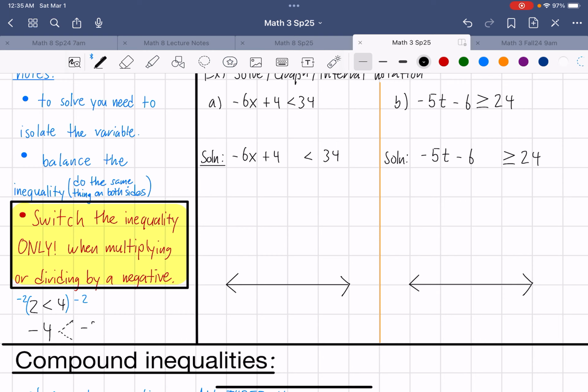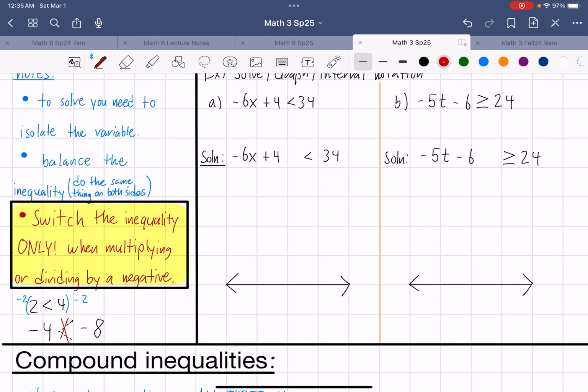That leaves it with negative 8. Now, if you notice something, 2 was smaller than 4. We started with a true statement. But because I multiplied by a negative, it made the left side negative 4 and the right side negative 8. Now, clearly, this would be a false statement because negative 8 will never be bigger.